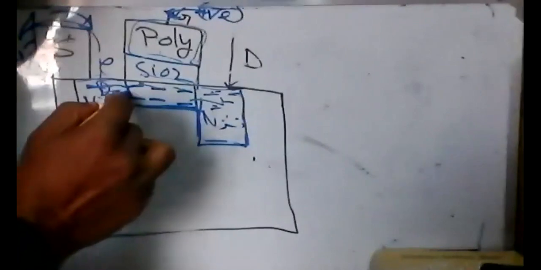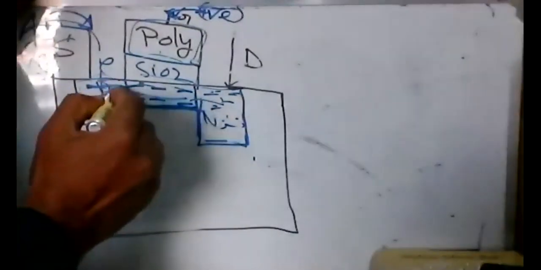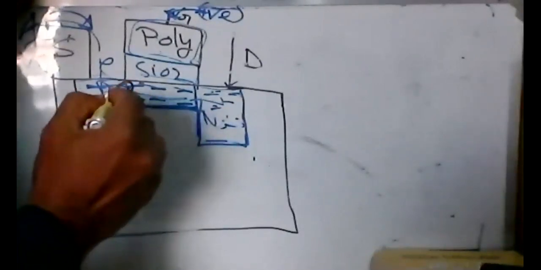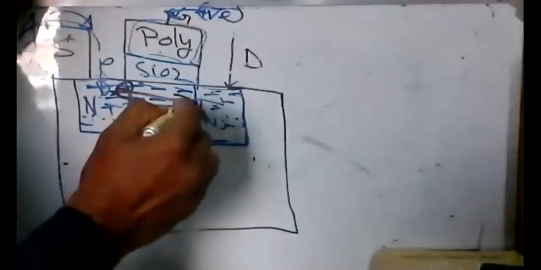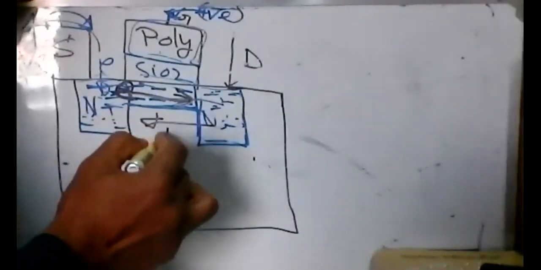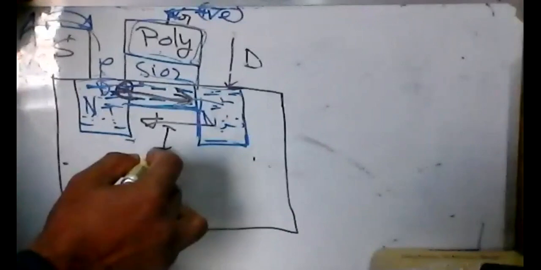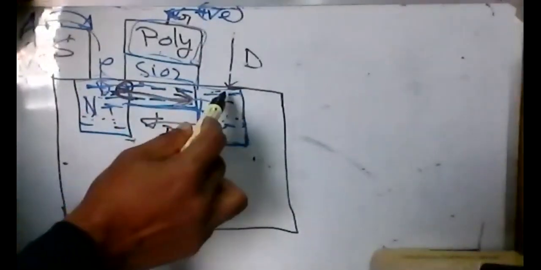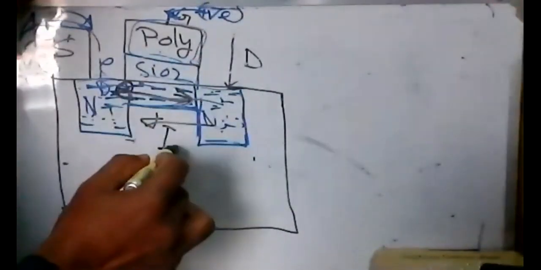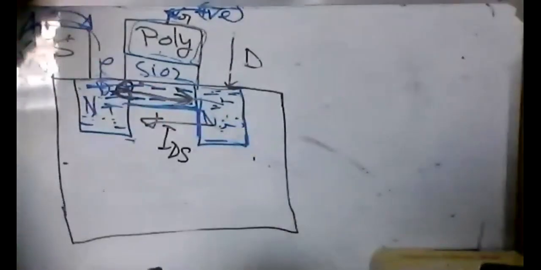Then the electrons will start to move this way, from left to right, and the current will move from right to left. What will be the name of the current? The current is coming from drain to source, so this current will be IDS.